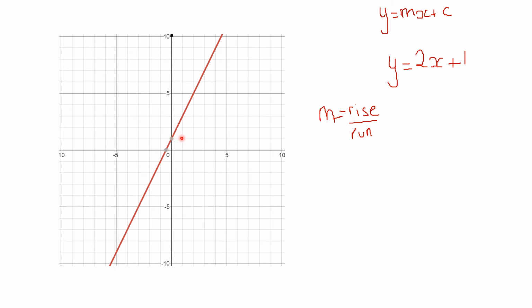We go across 1 and we rise 2. So it's equal to 2 over 1, and 2 over 1 we can just write as 2. So if you're not very confident with just looking at the graph and counting up, we can remember this formula of rise over run, and we can find out our gradient that way.